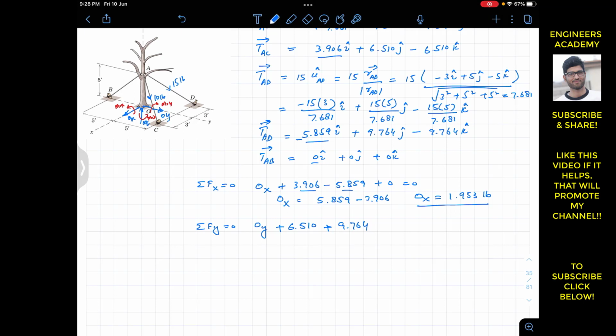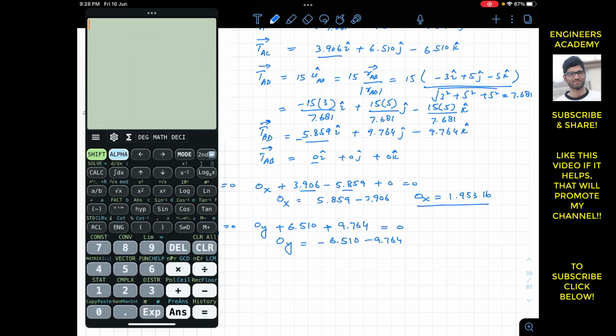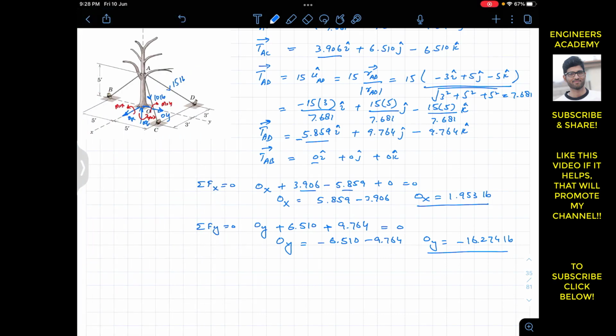So this will be equal to 0, and from this we can write that OY equals to minus 6.510 minus 9.764. This gives me OY equals to minus 16.274 pounds. So this means that the assumed direction of OY is not accurate. OY is acting in the negative y direction.